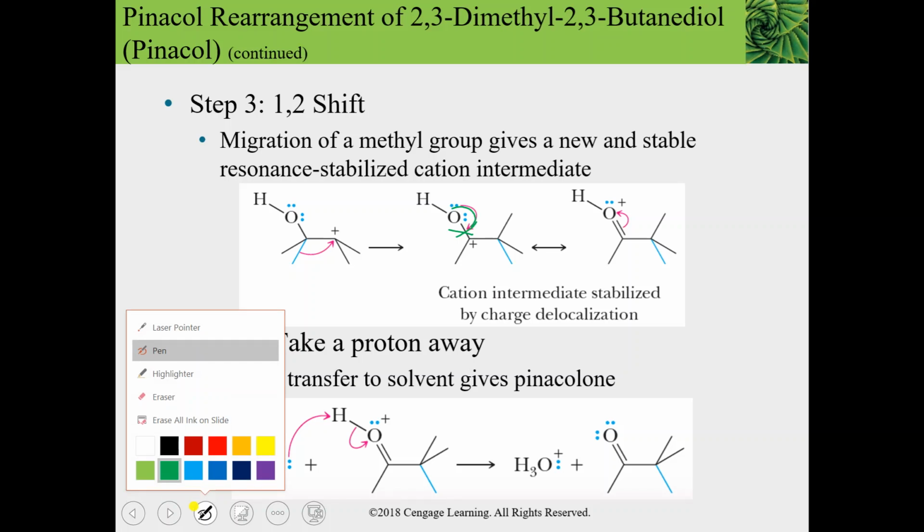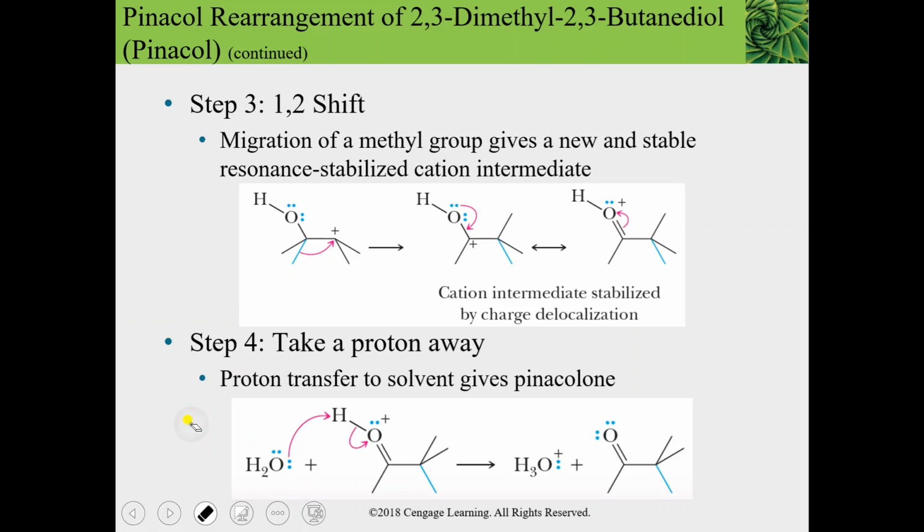I'm sorry, I just did this backwards. Okay, if we get a shift, then this lone pair of electrons will go back to form that double bond.